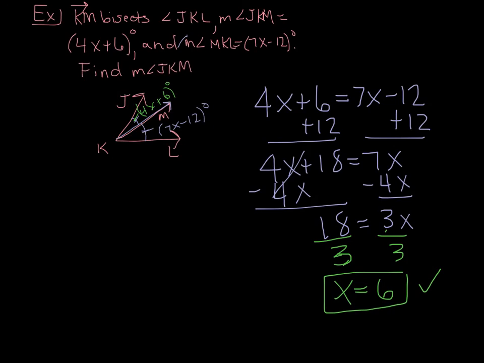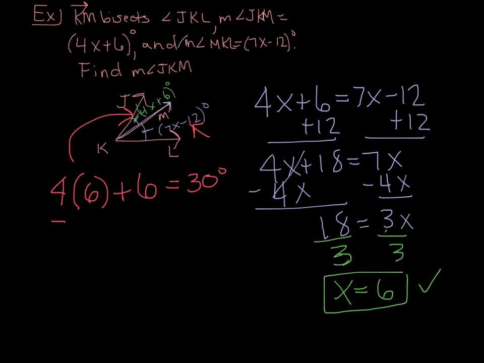To figure out what the measure of angle JKM is, I'm going to plug 6 in for x. So that came from right here. And I get 24 plus 6, which is 30 degrees. I don't have to plug it in to the other because I know that they're going to be congruent, so I know it's going to also be 30 degrees.